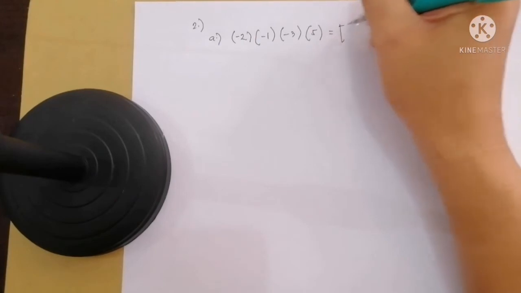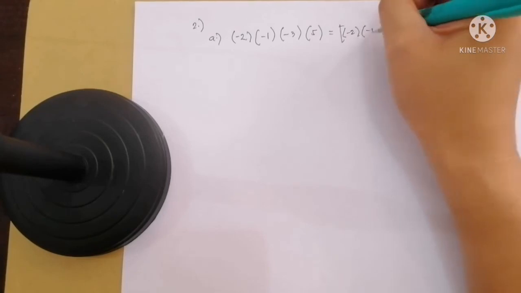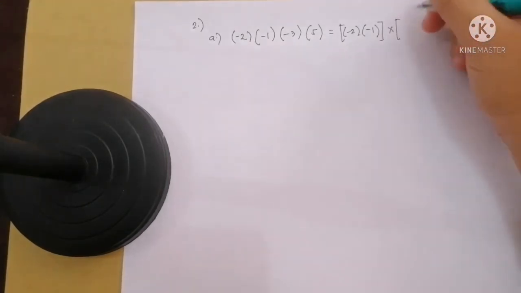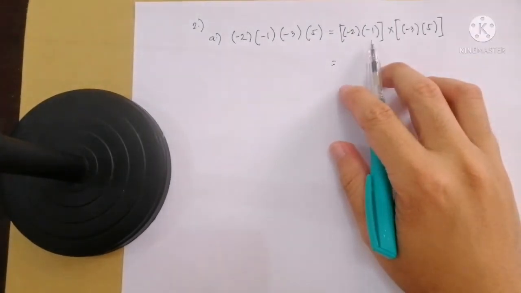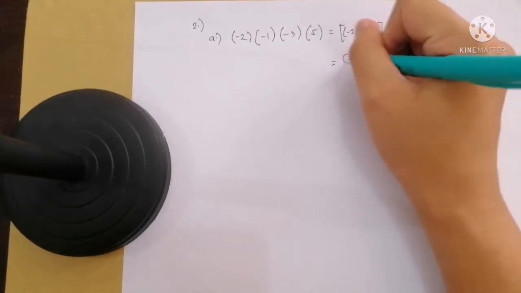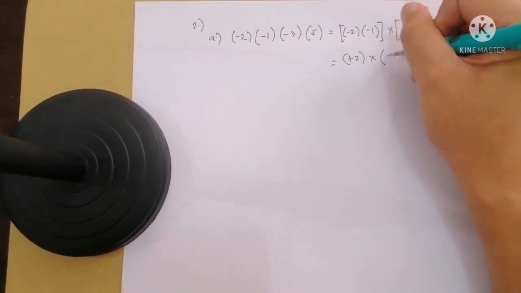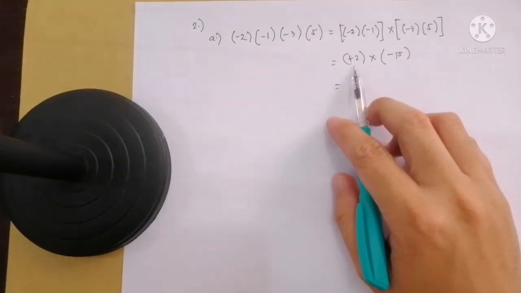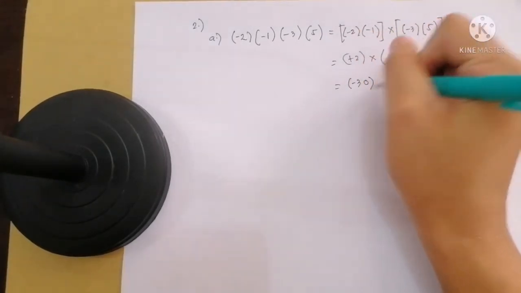We group negative 2 times negative 1, and we also group negative 3 and 5. So negative 2 times negative 1 is positive 2, and negative 3 times positive 5 is equal to negative 15. And for the last step, positive 2 times negative 15 is equal to negative 30.